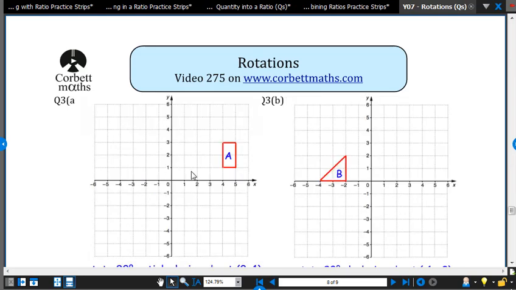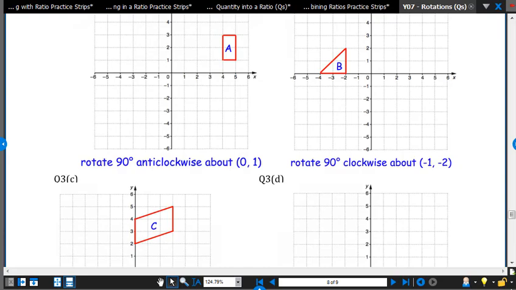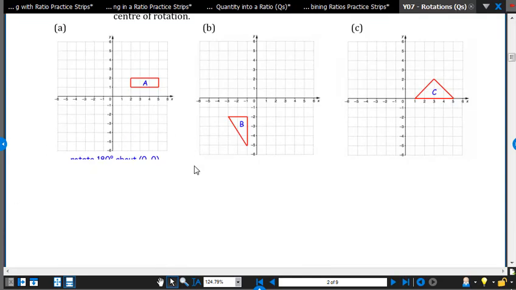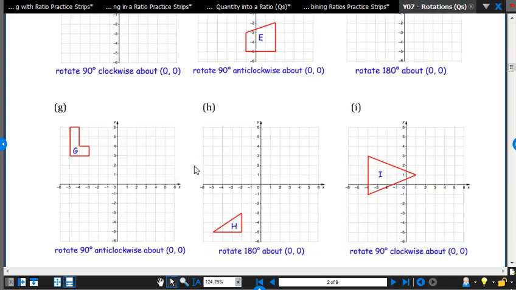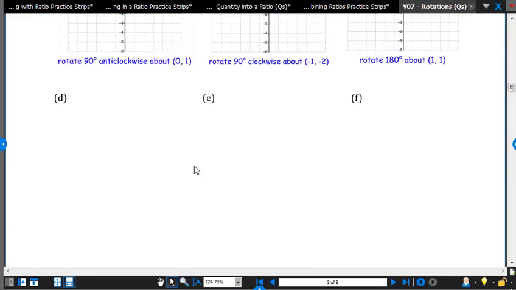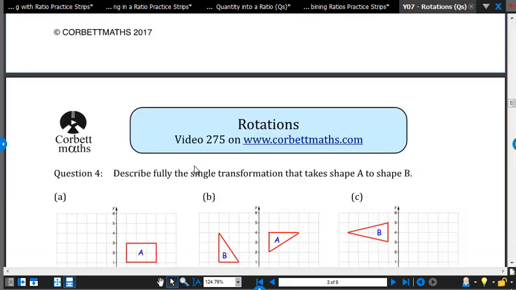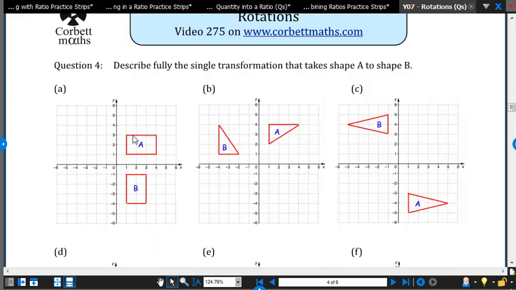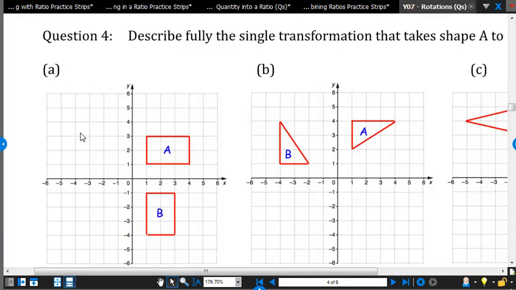I'll just see if I can find it. Where is this? I thought it would be here. Yeah, here. So, for example, describe fully a single rotation. What they want is something like this. What has happened here is this has been rotated 90 degrees, right?